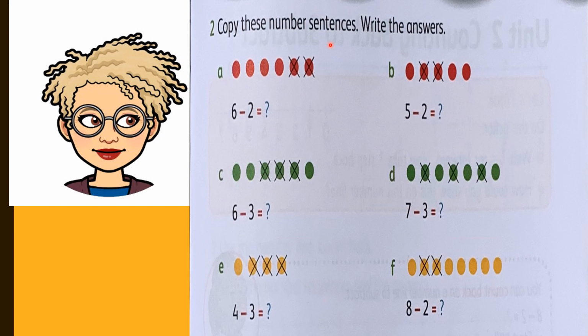I'm going to give you some time now to get up, get a sheet of paper, and let's write these number sentences down. Go ahead. Are you back? Did you find your paper? Did you remember a pencil?